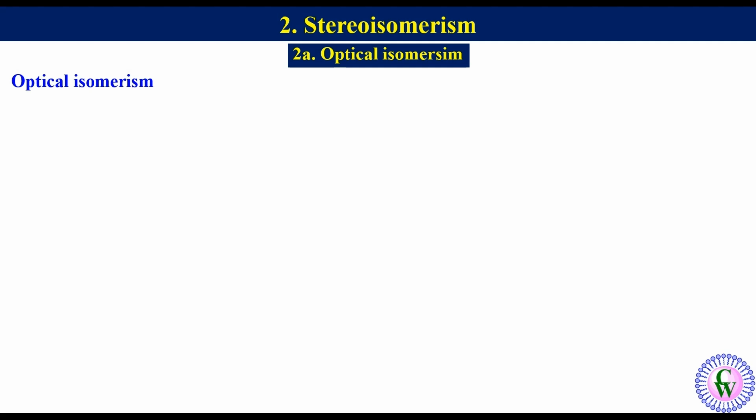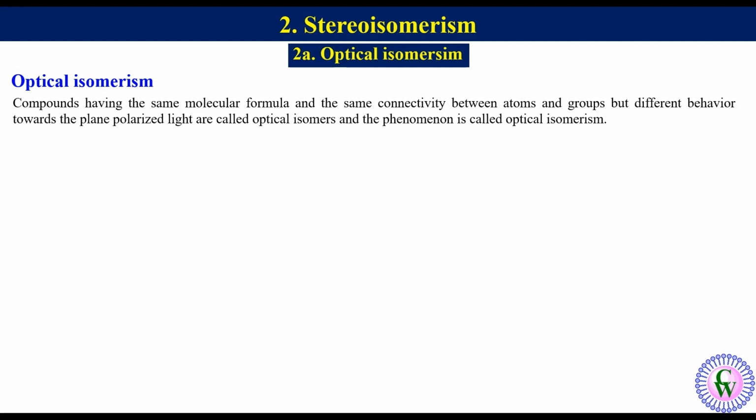Optical isomerism. Compounds having the same molecular formula and the same connectivity between atoms and groups but different behavior towards the plane polarized light are called optical isomers, and the phenomenon is called optical isomerism. Criteria for a molecule to be optically active.